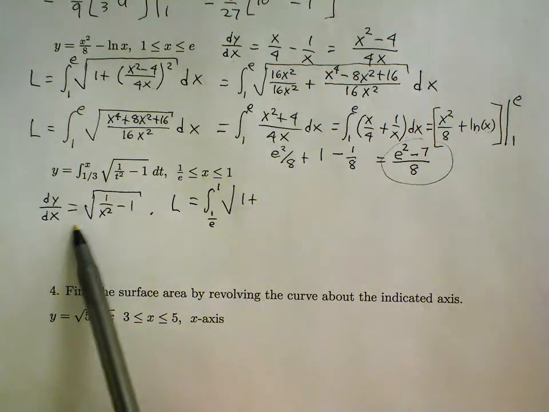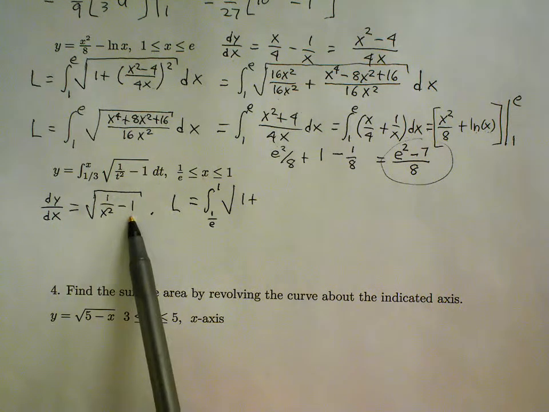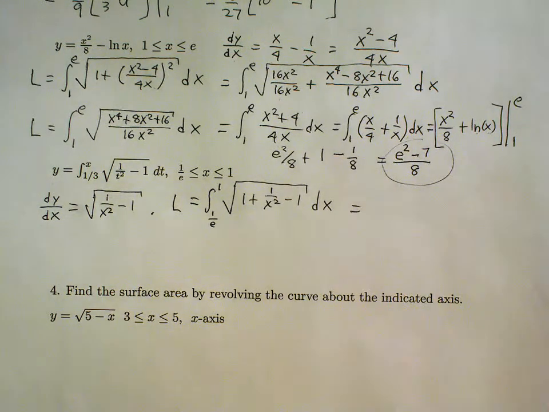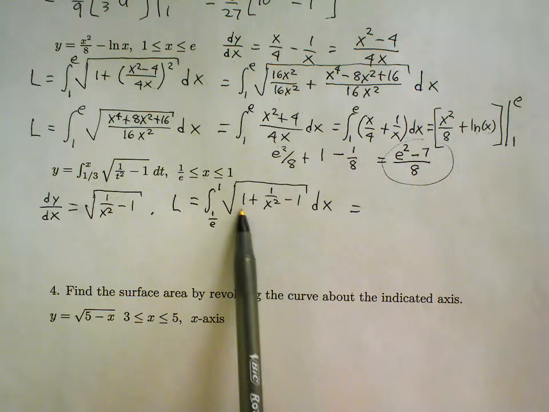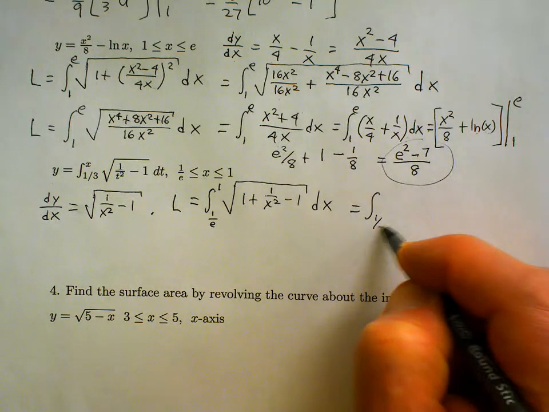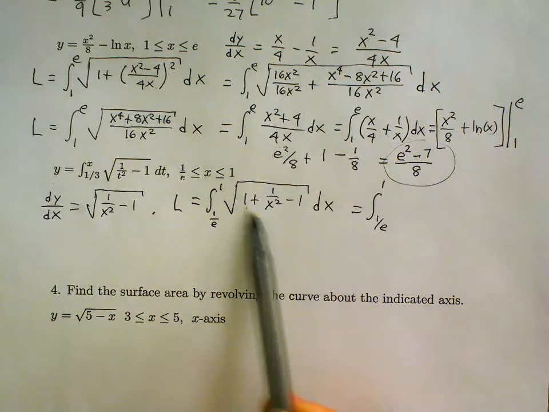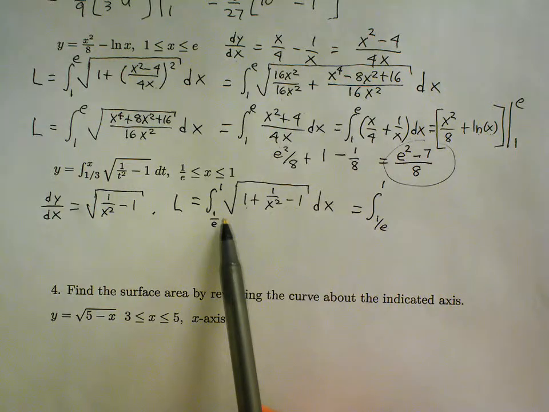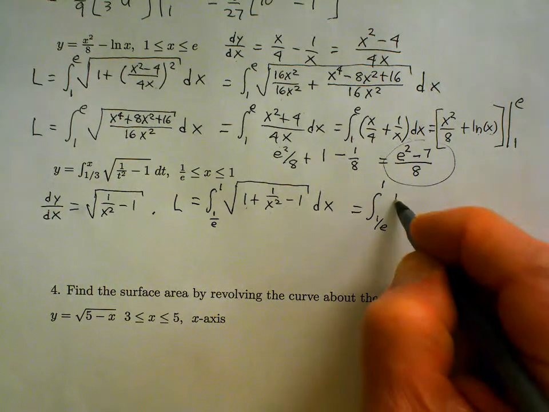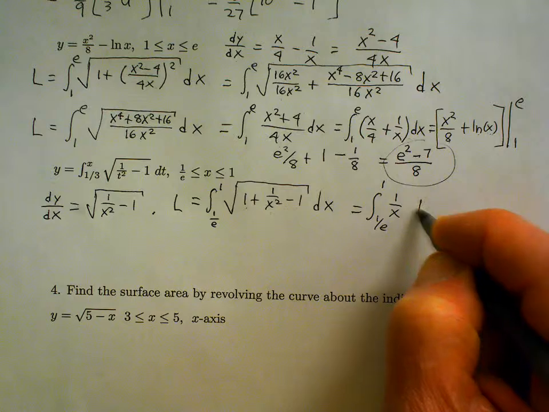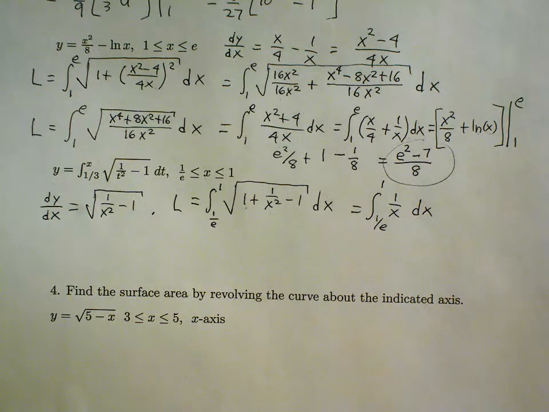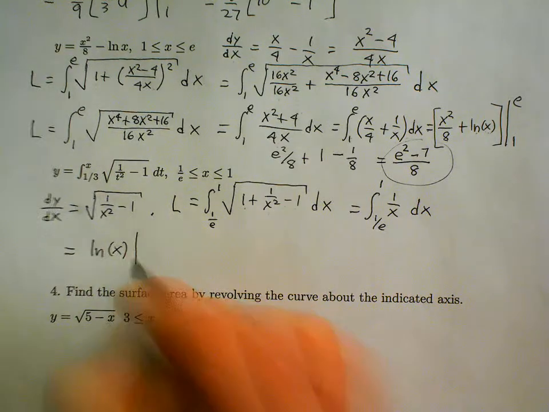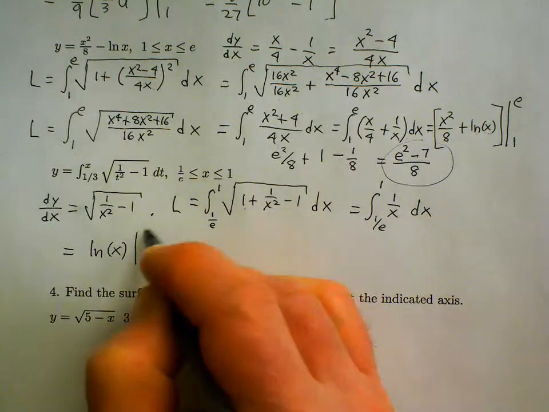Since the derivative is the square root of 1 over x squared minus 1, when we square it, inside the square root the 1 plus 1 over x squared minus 1 simplifies to 1 over x squared. And the square root of 1 over x squared is 1 over x. And then an antiderivative is the natural log of x, evaluated from 1 over e to 1.